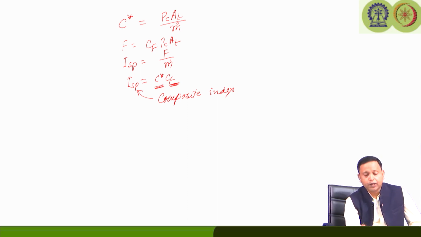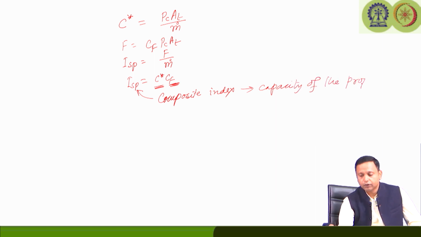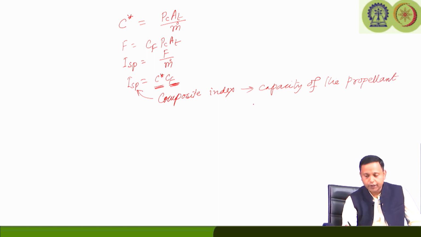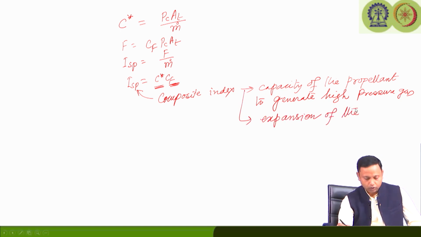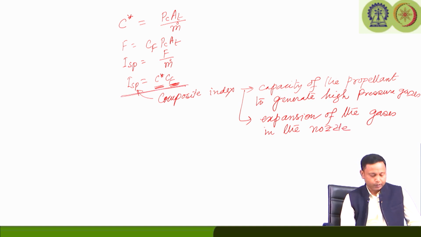So, that is why the ISP, which is a multiplication of C star into C f, is a composite index of performance, which relates the capacity of the propellant to generate high pressure gas, and it also relates the expansion of the gases, since it is a combustion product, it is a mixture of gases. So, the expansion of gases in the nozzle. That is why it is a composite index of performance.